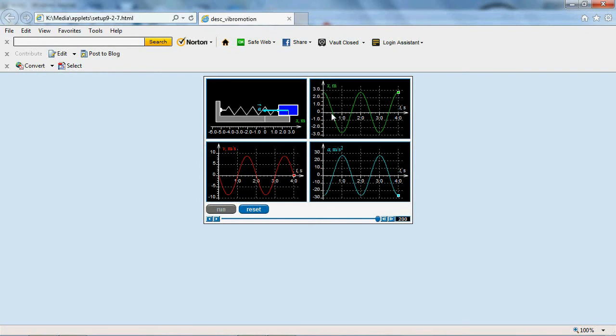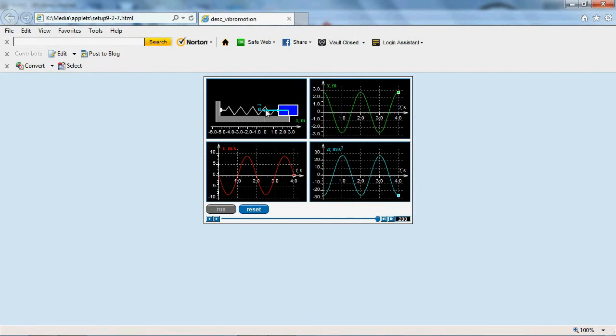When you get to the object being at the equilibrium point, there is no acceleration because there is no force of the spring. The spring's in equilibrium. And if there's no force, there's no acceleration. And then as the mass gets to the opposite extreme point, the acceleration is now pointing in the opposite direction.